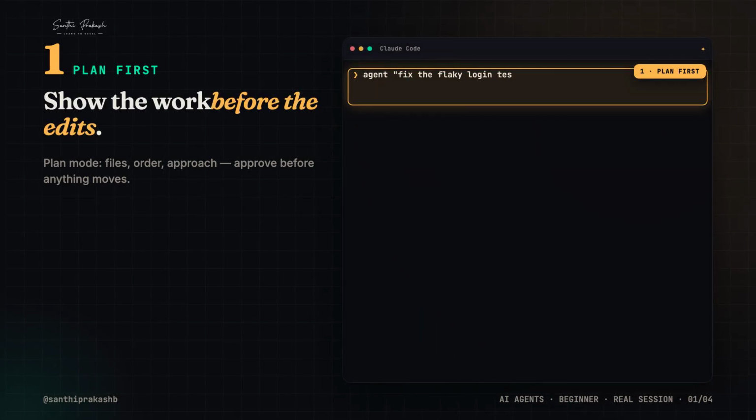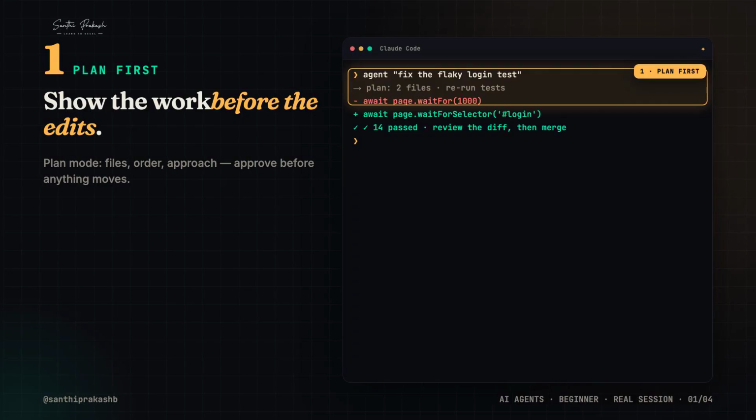Rule 1: plan first. Before it touches a single file, make the agent show its plan: which files it will change, in what order, with what approach. Most agents have a plan mode. Use it for anything bigger than a one-liner. Here's why this rule is number 1.